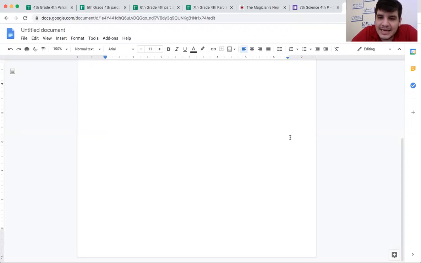The next thing we're going to write down is this crown. The crown is the top portion of a tree, which includes the branches and its leaves.